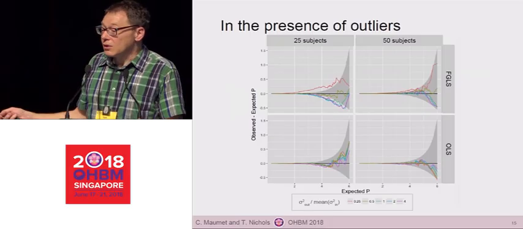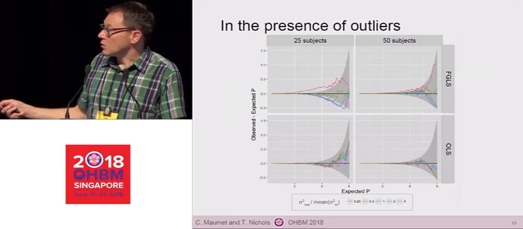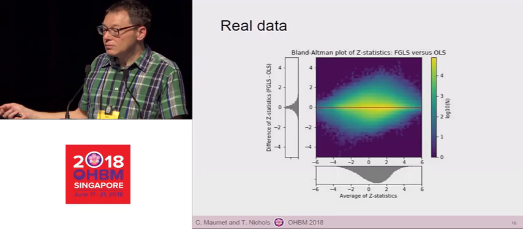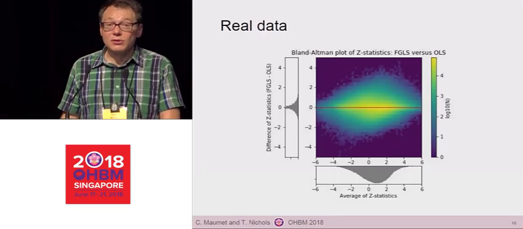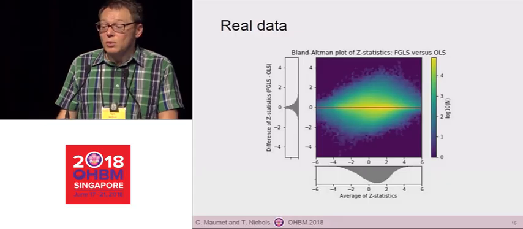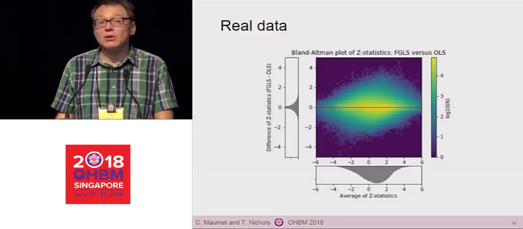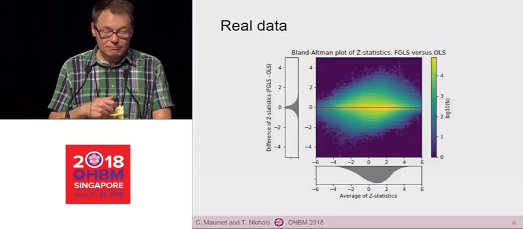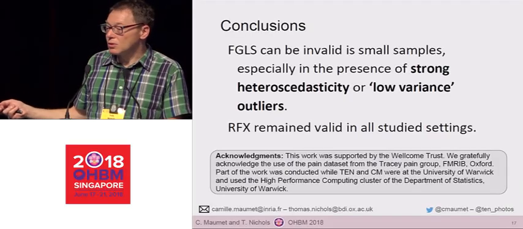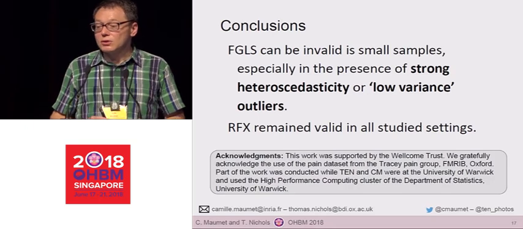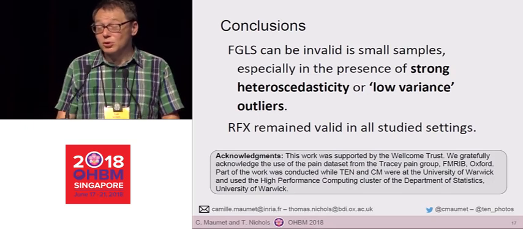And then if we add outliers onto that, we still have some trouble in the feasible least squares. And then if we go back to the actual data, because we had the actual real meta-analysis data from the Tracy study, we can compare how different are the feasible least squares and the within, and there actually is some considerable difference between these.